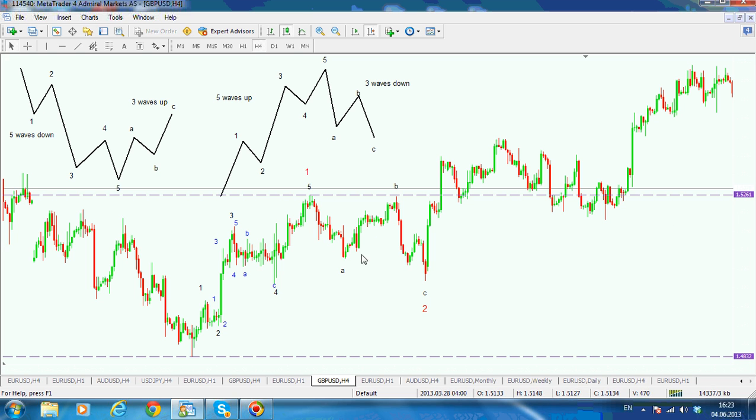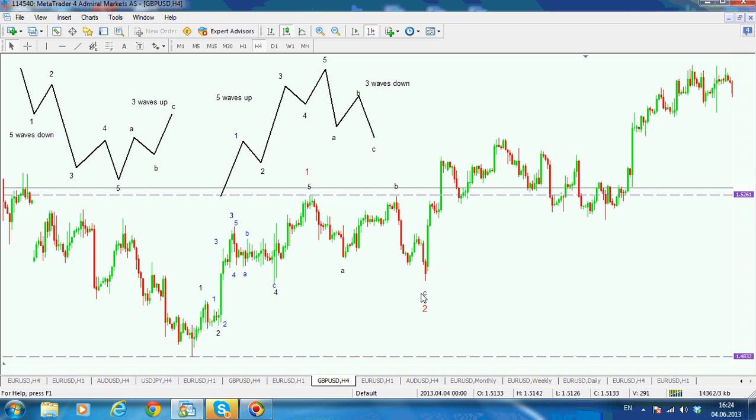Now, for this correction here, I mean, for this particular example, this looks like an A, B, C, but this looks like a flat. Now, there are a lot of flats, a type of flats you will see later. You will see later in our journey that this might be, for example, an elongated flat or just a common flat. There are also running flats. There are double corrections, triple corrections, double combinations, triple combinations, and the list can go on and on.